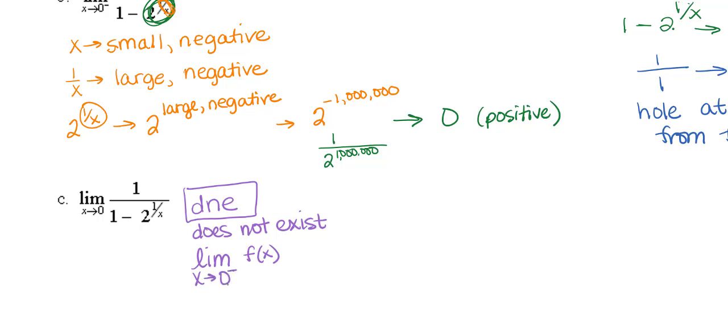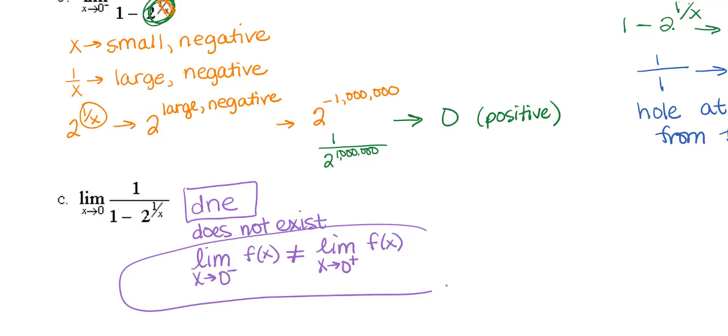As x approaches 0 from the left does not equal the limit of my function as x approaches 0 from the right. Again, this is very important, and you're going to need to be able to write that down in most of your quizzes or tests and identify in limit notation, or you could, if you're writing it out, write it in words, but you'll have to recognize both.